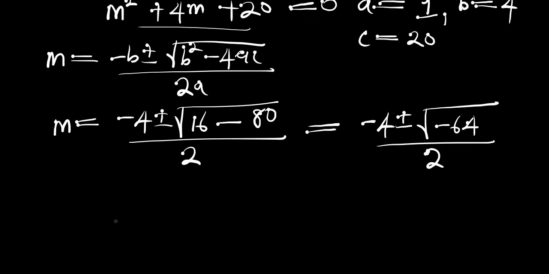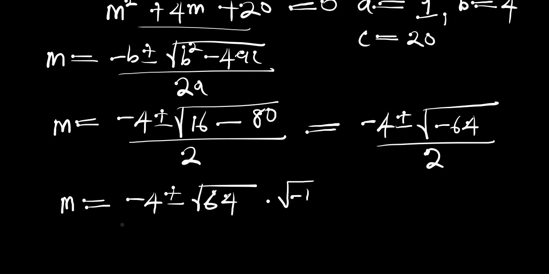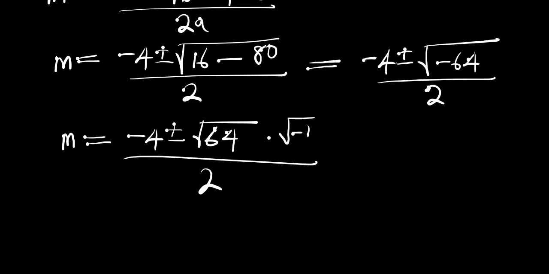That means m equals negative 4 plus or minus square root of negative 64, so we can rewrite this as square root of 64 times square root of negative 1, and this is all divided by 2. So we're going to have m equals negative 4 plus or minus, square root of 64 is 8, and square root of negative 1 is simply i. Then we have divided by 2.